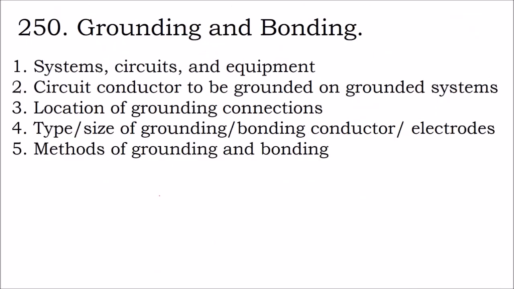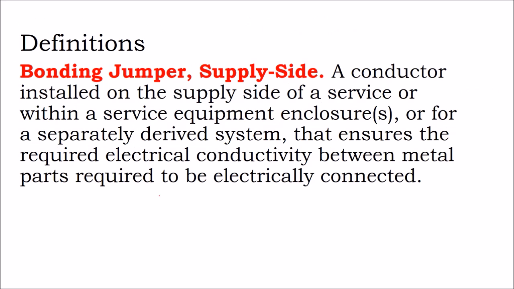Grounding and bonding. What needs to be grounded and bonded? Systems, circuits, equipment. You might have certain circuit conductors. We get into the types and sizes of grounding and conductor requirements and methods of grounding and bonding. So for that, we need to revisit some definitions.